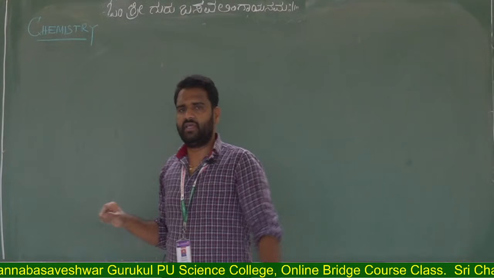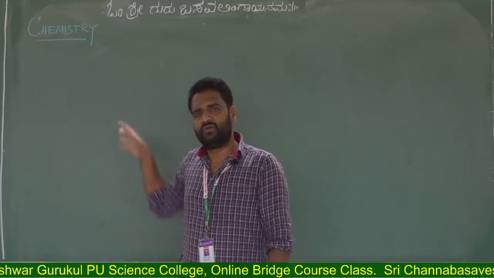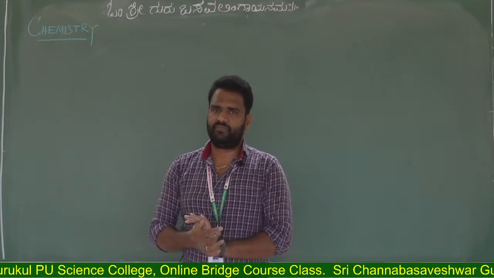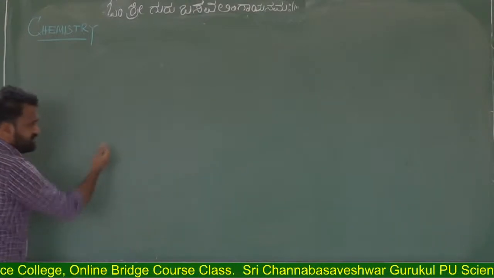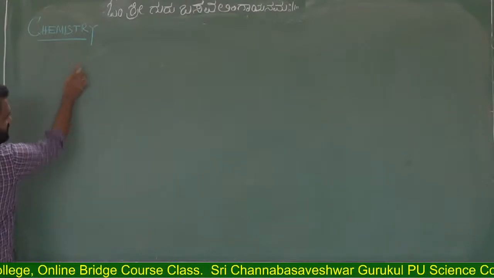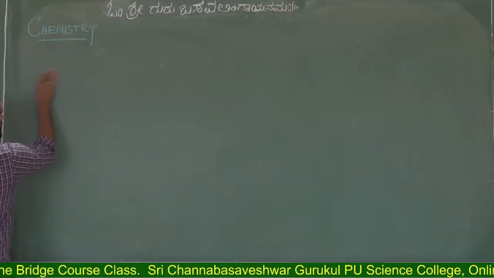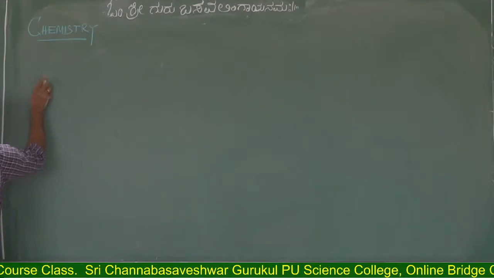Yesterday, what I taught was the continuation of cations and their names. Here is the name of the cation and its symbol. Then lastly, I gave the phosphonium ion.